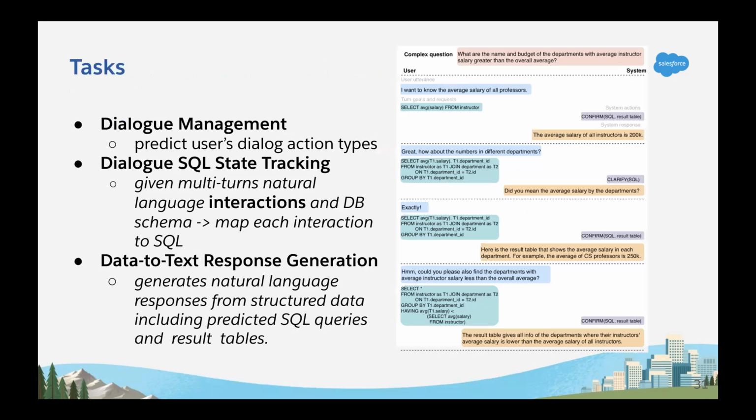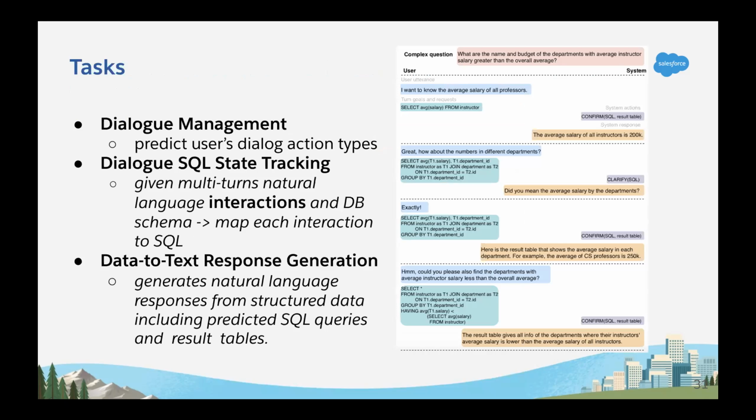So using this way, we collected this conversational text-to-SQL dataset, and based on this dataset, we define three different tasks. The first task is dialogue management, which is to predict the user's dialogue act. The second one is dialogue SQL state tracking, which is to generate the SQL query based on the multiple-turn natural language interaction and the data schema.